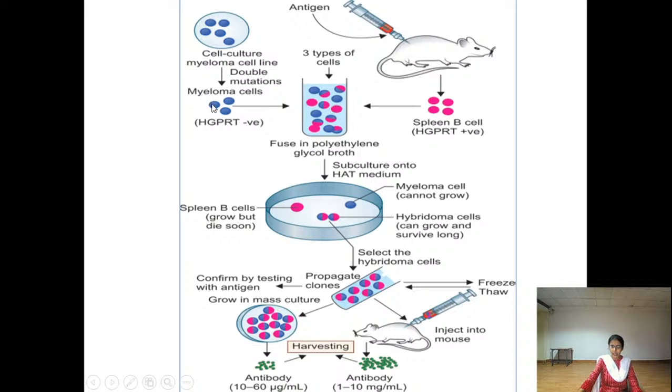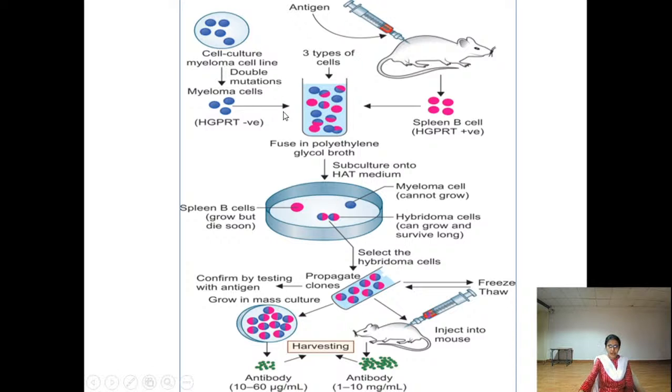These myeloma cells have the capacity to produce their own antibodies, so they are genetically modified with two mutations, a double mutation. Why does the double mutation have to occur? So that they lose their ability to produce their own antibody, but still retain their immortal property.